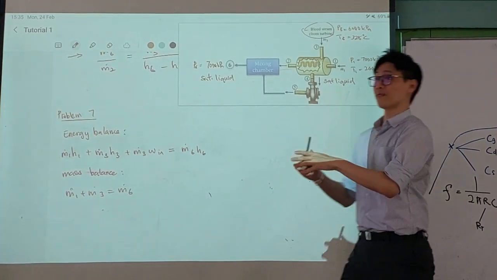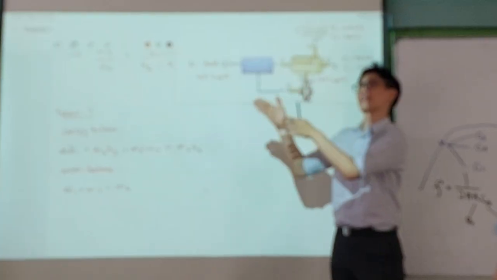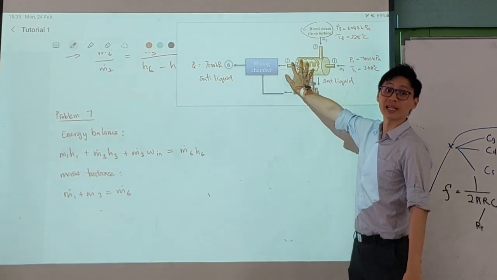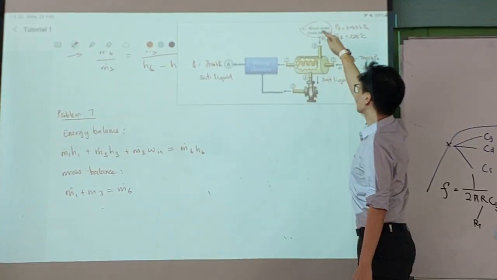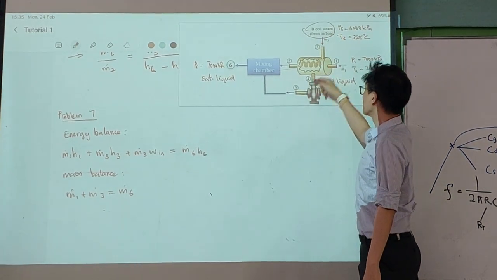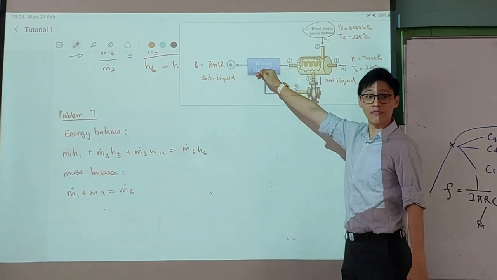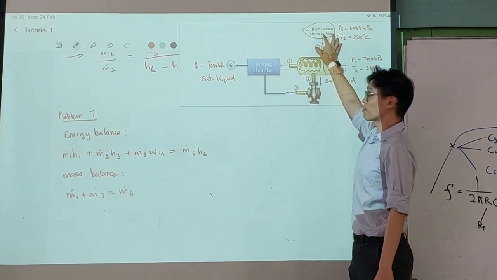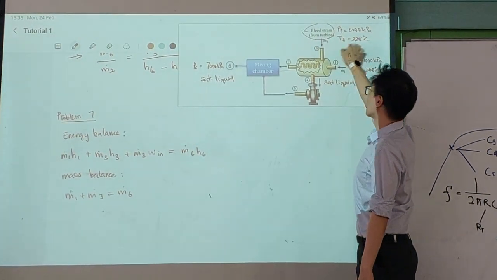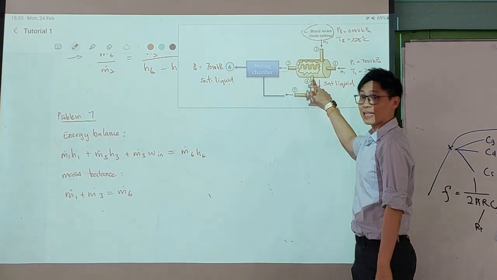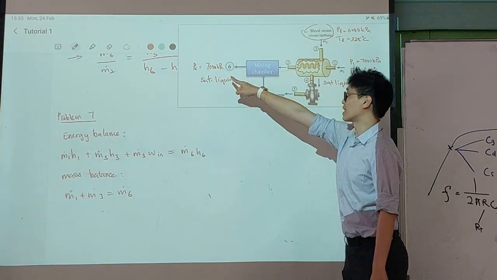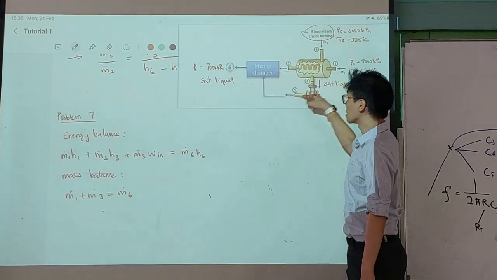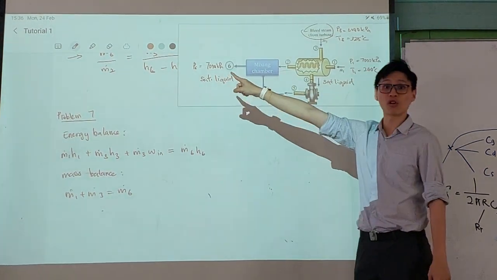This is a closed feed water heater. For a closed feed water heater, they don't come into contact during the heat transfer process. So this one will pass through here because the feed water will take heat from it. So it will take energy from here. When it passes through, the energy will drop. Then we want them to mix back at the same pressure, so this pump will provide energy back to it so that it can mix back at 7,000 kilopascal.